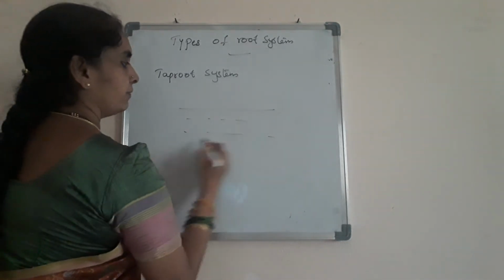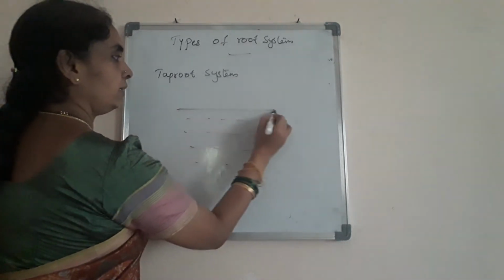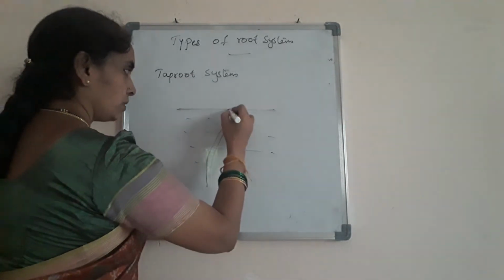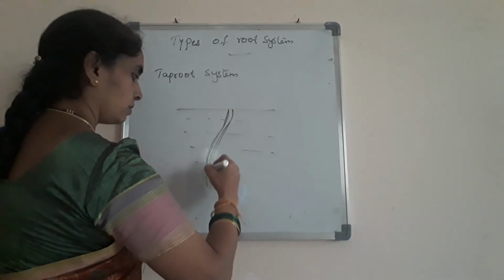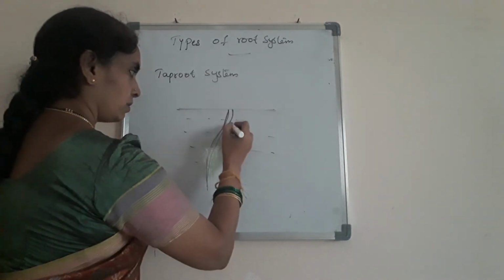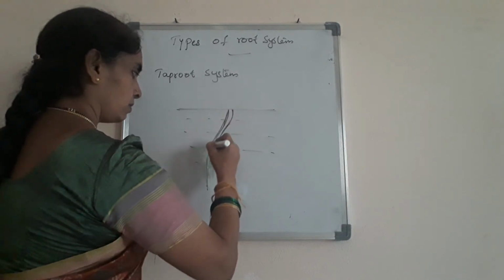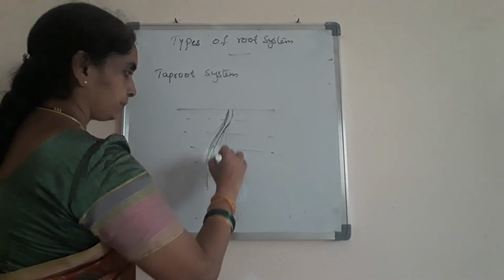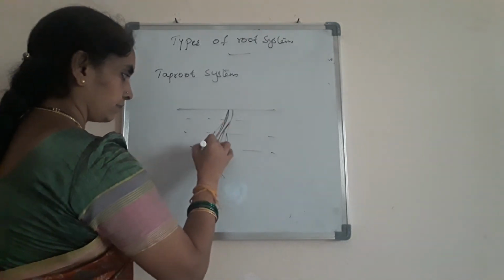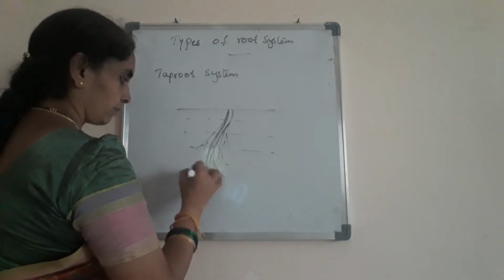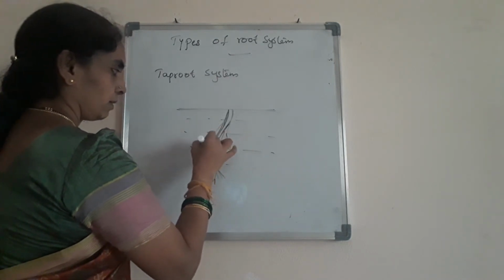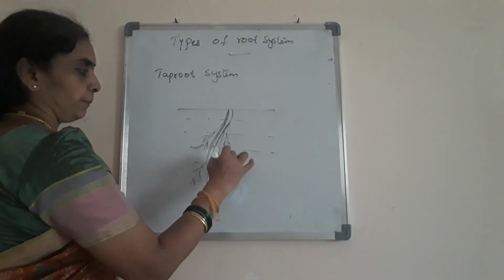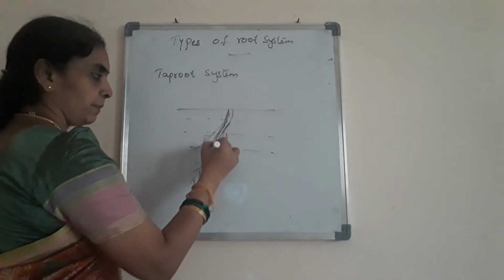If this is the soil level, ground level, the root starts from here. This is the main root. And these are the lateral roots of the taproot. These are the lateral roots of the taproot system. So this forms the main root.